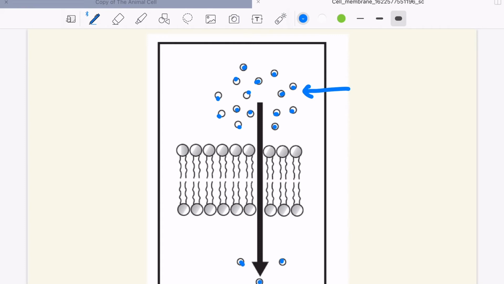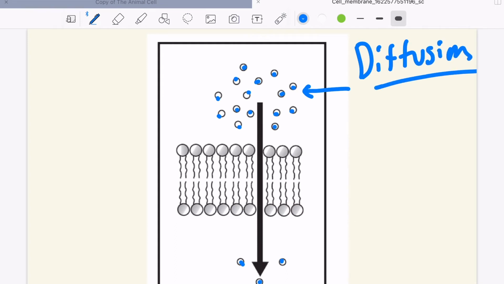Here we can only see 3. Here there's a bunch of them. So this picture is showing us diffusion. It's molecules moving from high concentration to low concentration. This is a high concentration of molecules. This is a low concentration of molecules.